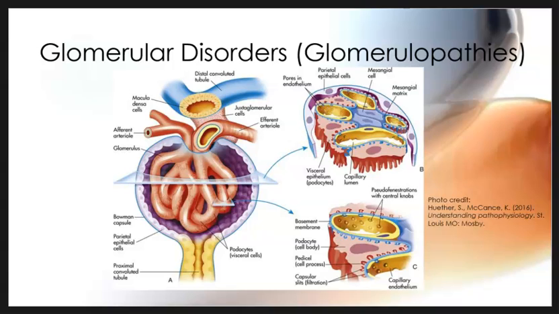Together, this triple layer comprises the filtration barrier of the glomerulus. The glomerular filtrate passes through gaps called slit pores between the podocytes, which enters the space of the Bowman capsule, which will then progress into the proximal tubule.